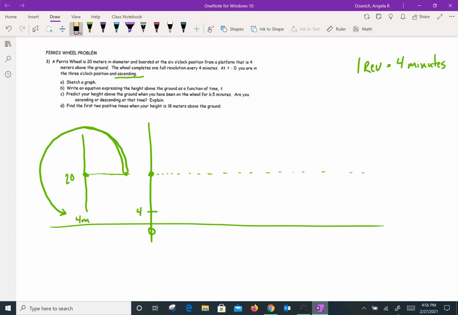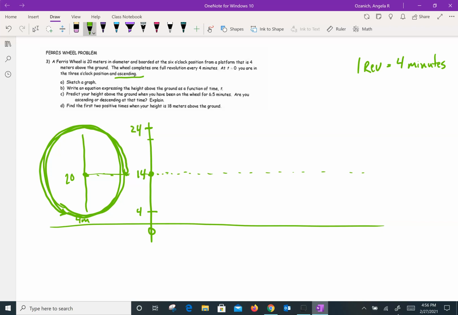But I know my diameter is going to be 20. So that means my amplitude is going to be 10 as I circle, which means my vertical shift has to be 14, and we'll come up here to the top and make this 24.